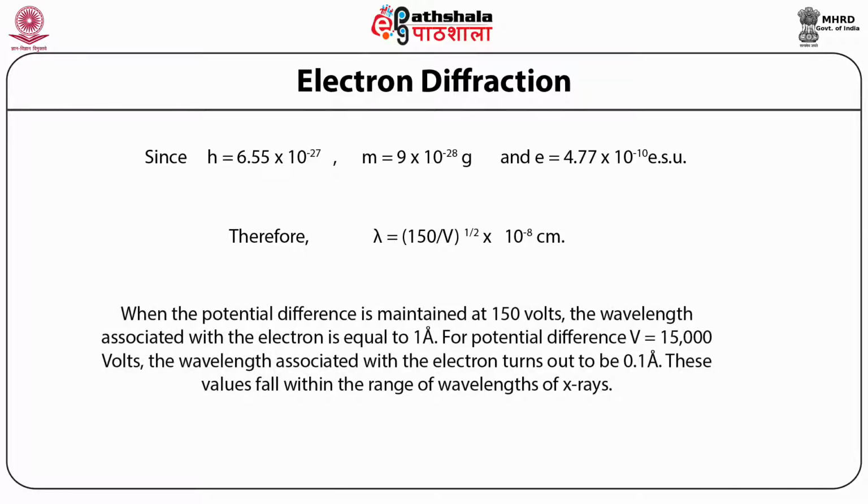When the potential difference is maintained at 150 volts, the wavelength associated with the electron is equal to 1 angstrom. For potential difference V equal to 15,000 volts, the wavelength associated with the electron turns out to be 0.1 angstrom. These values fall within the range of wavelengths of X-rays.